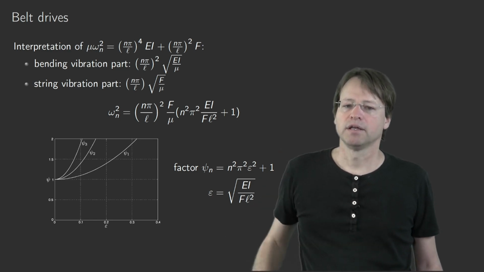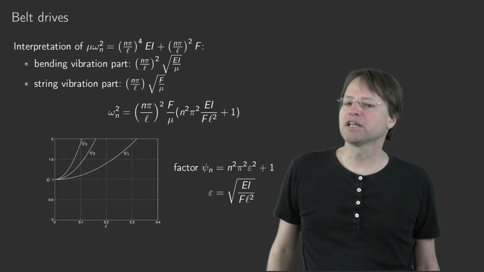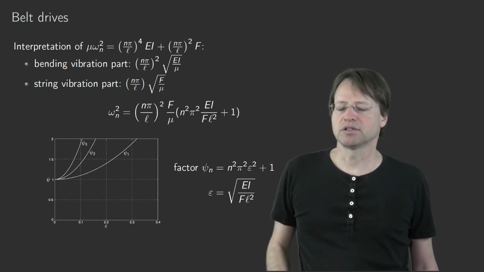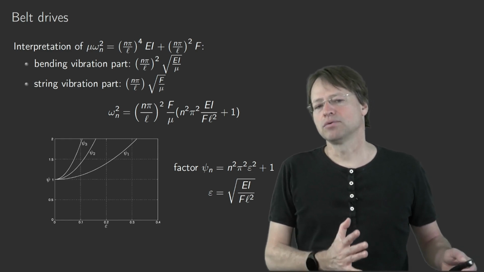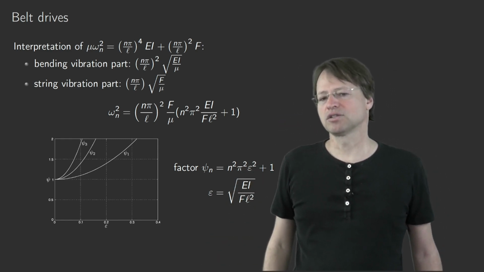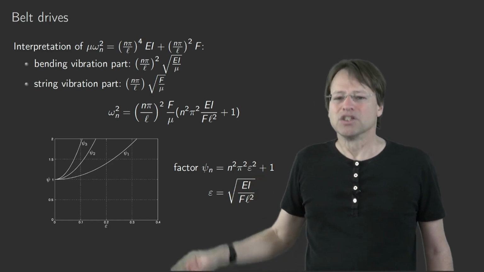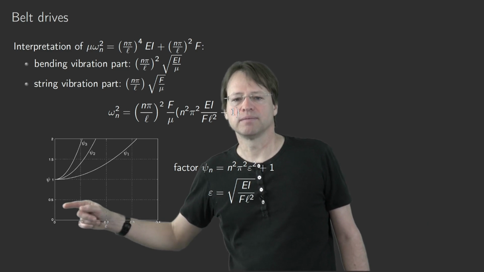Because usually that preload F is much, much larger than the bending stiffness. If the preload would be too low, then, as I said, there could be slip of the belt, and this is usually avoided, so there is a large preload. So usually we are in that range here.